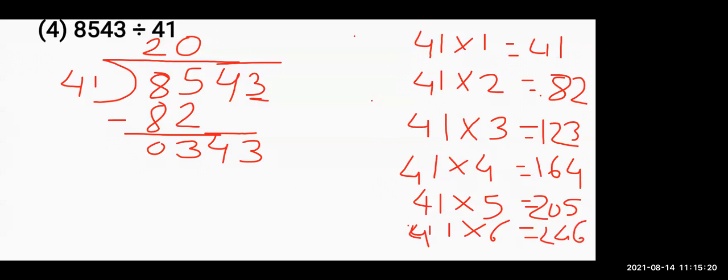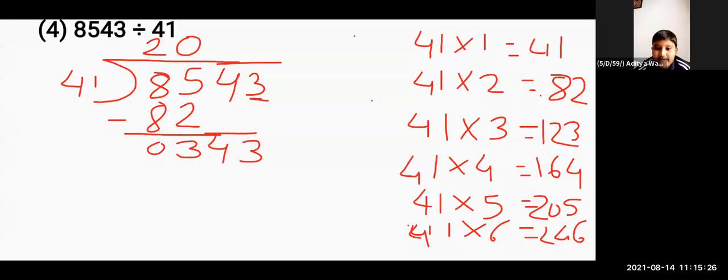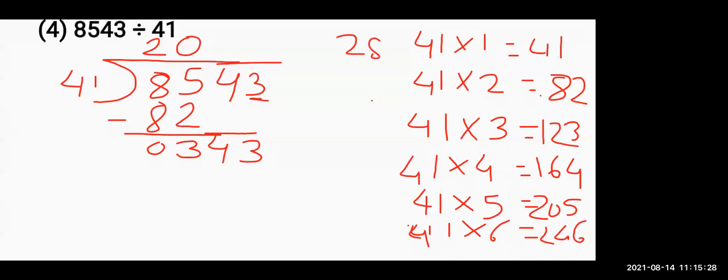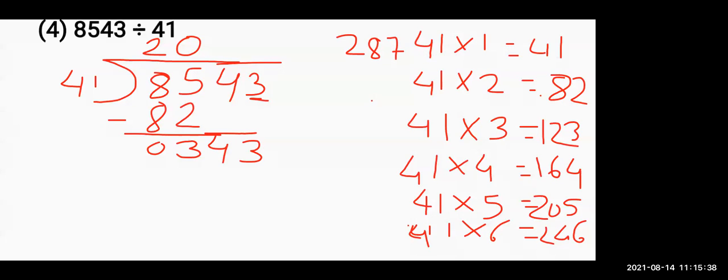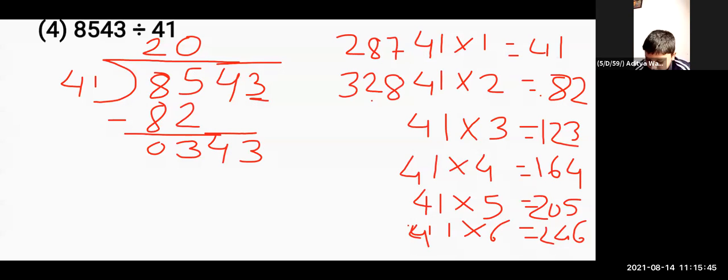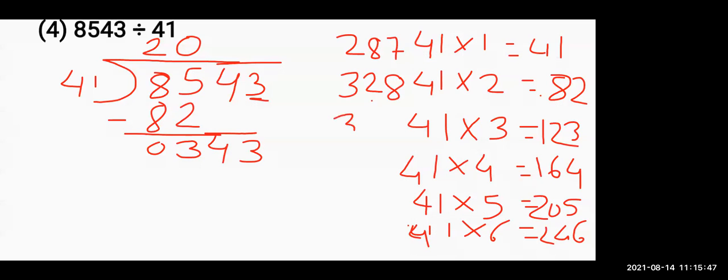Now 41 sevens. 41 sevens are 287. I'll write it directly over here. 41 eights are 328. Now 41 nines are 369. Chalo. Now what number will you take?